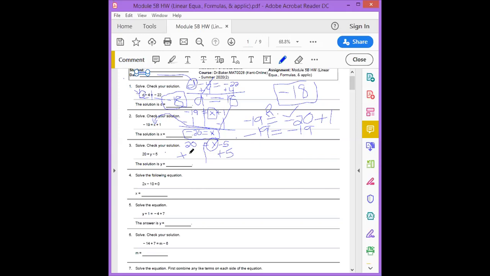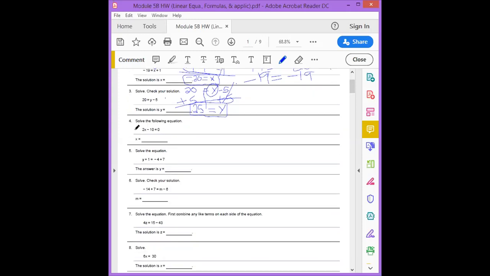Now when we add 5 on the right and the left sides, remember the 5s are going to cancel. And we're left with y on the right side of the equal sign. And on the left, 20 plus 5 gives us our solution, which is 25. Okay, that's our answer.